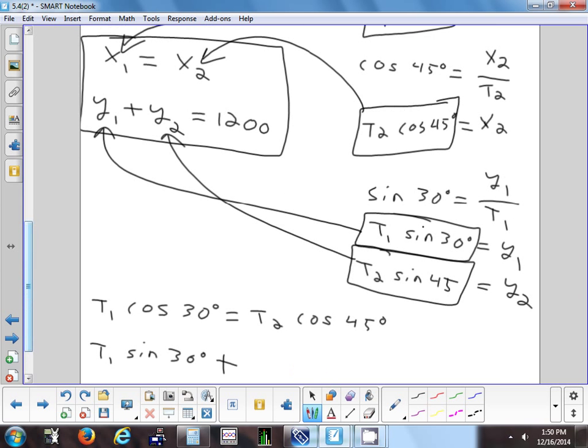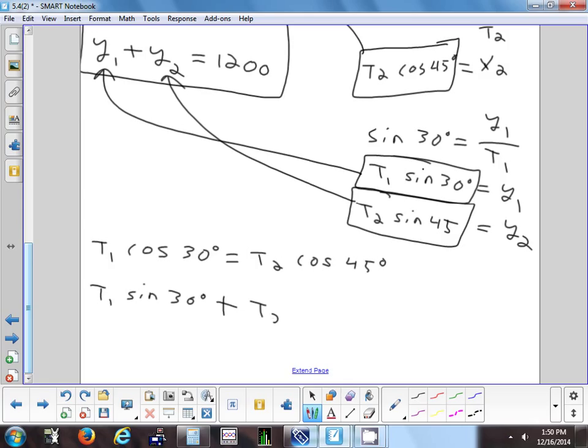Plus, let's see, y2, that's t2 sine 45. And don't forget what it's equal to, the weight, 1,200 pounds. Now the equation we have here, it's exactly the same as the equation we talked about earlier. It's just like you've got two different letters, and you've got numbers next to those letters.